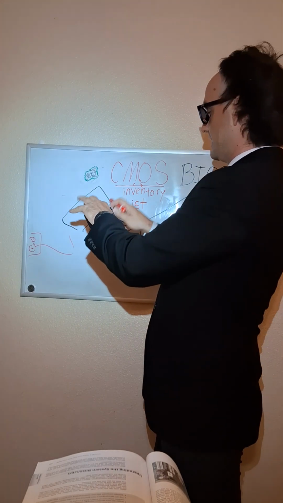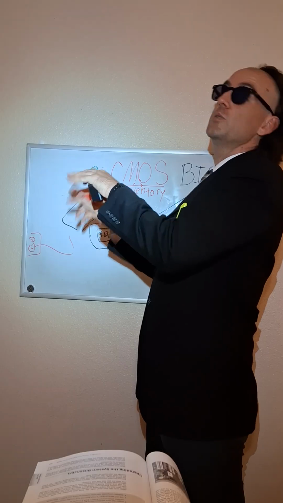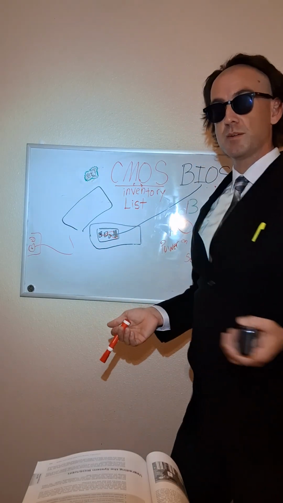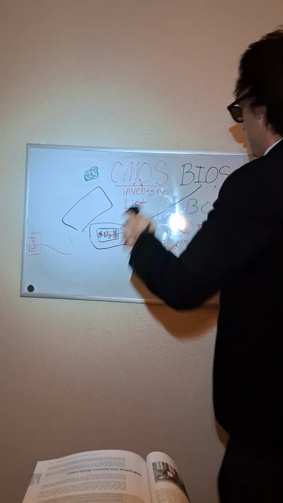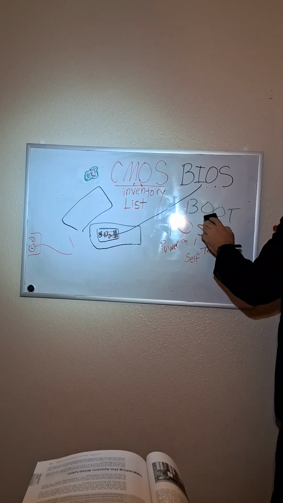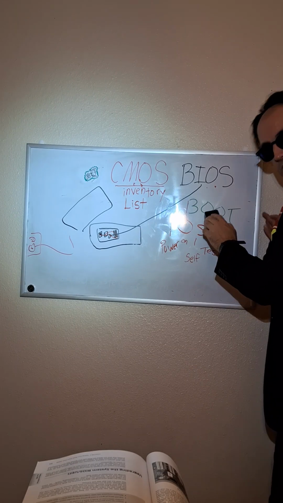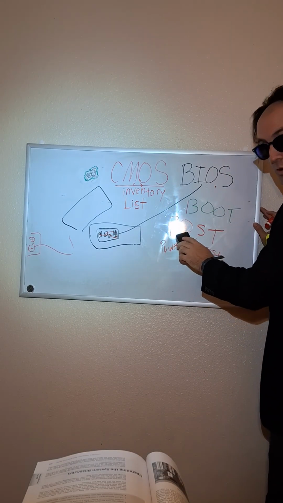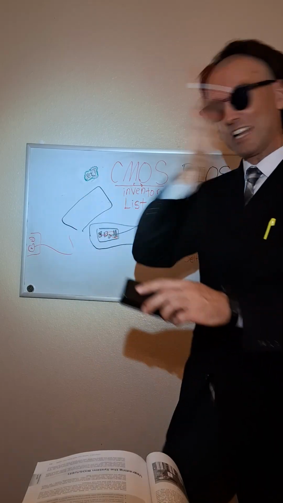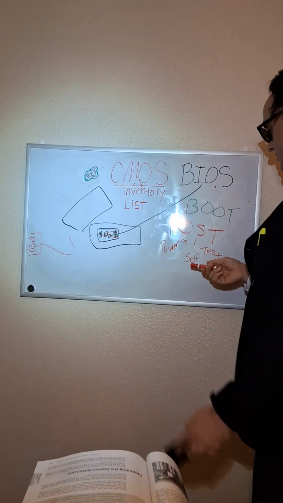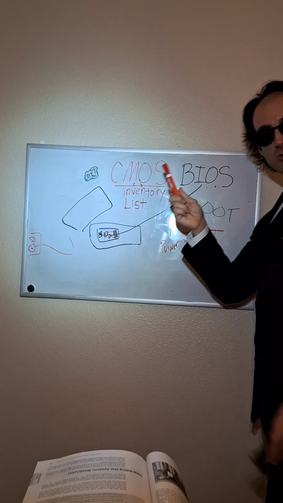That's what we type. We type and we see the GUI, the command prompt line. Okay, now we're getting different. So the BIOS boots the computer, it launches the OS, but really it performs the POST, the power on self-test.